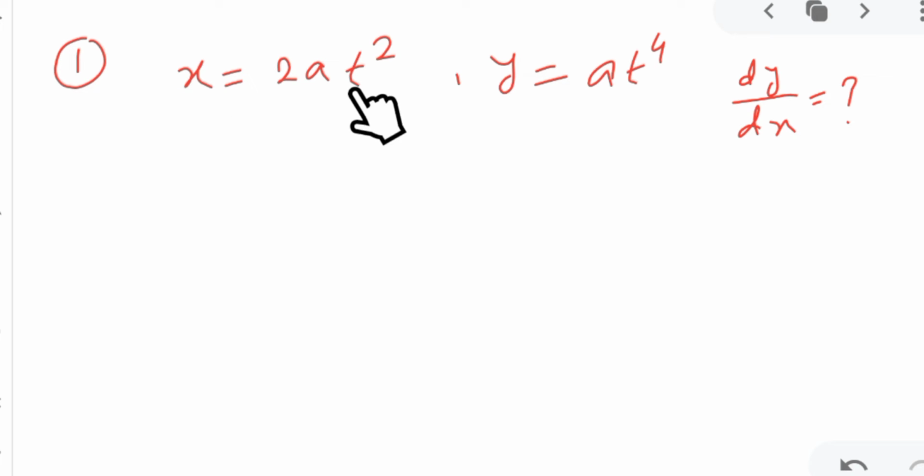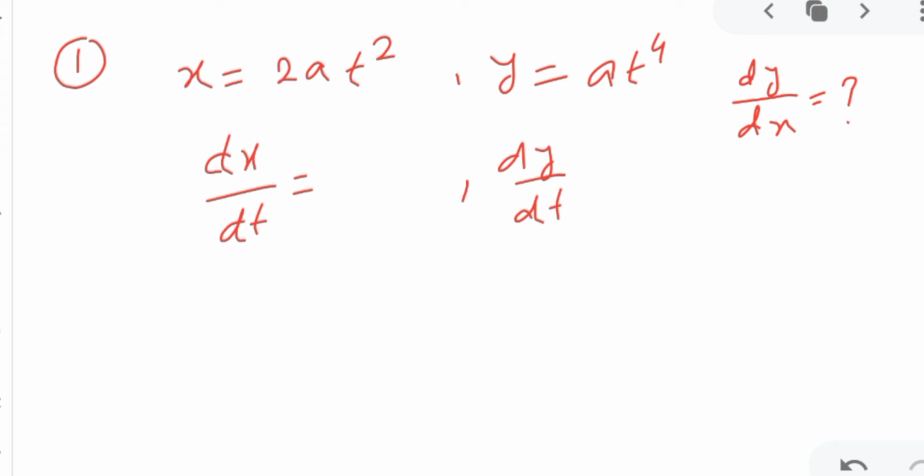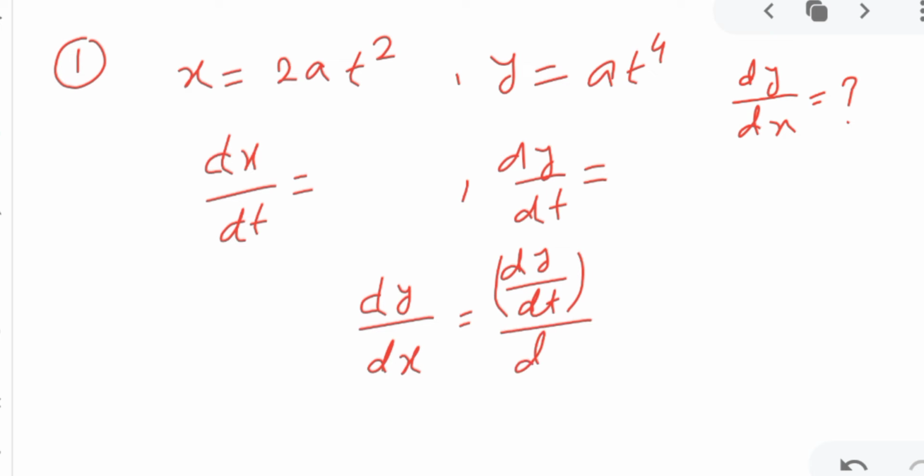Since x is a function of t, a will be constant obviously. So x is a function of t and y is also a function of t. How can we find dy upon dx? In this type of question, first we will find dx upon dt, then dy upon dt, and finally dy upon dx as dy upon dt divided by dx upon dt.